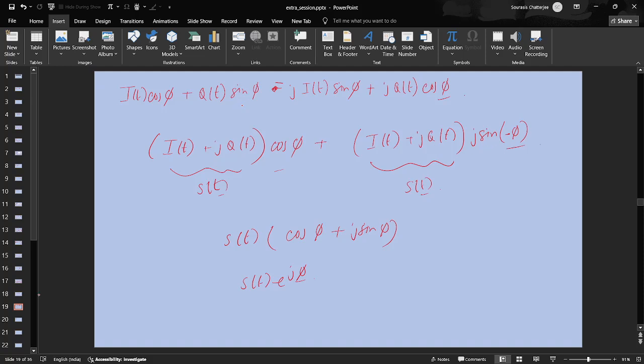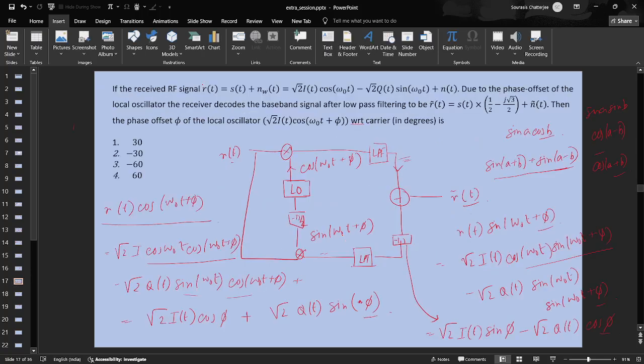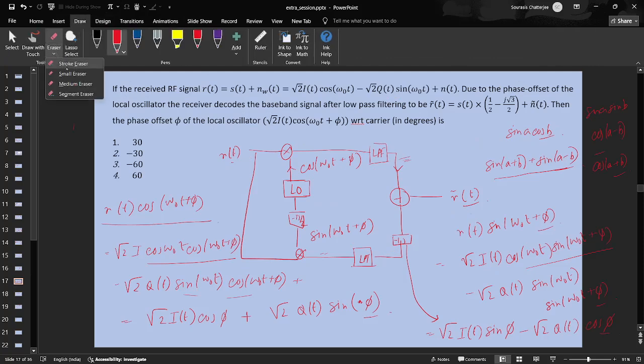So qt sin phi, and we can write cos of minus phi because cos of minus phi and cos of phi are same only. So I should multiply here with minus 1j.